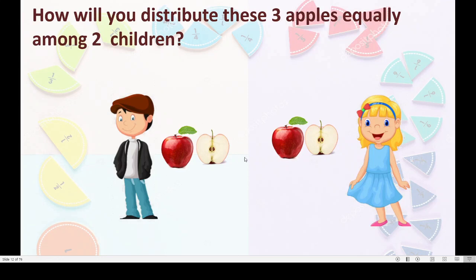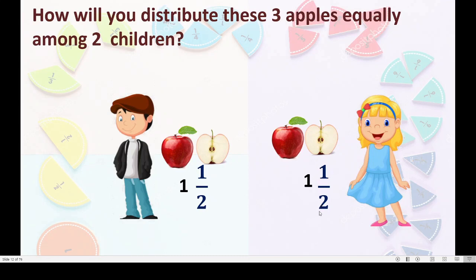Okay, how much did he get? He got one full and half. She also got one full and one half. Isn't it? Like this portion they got. Now you can see here one and a half. Here also one full and half.